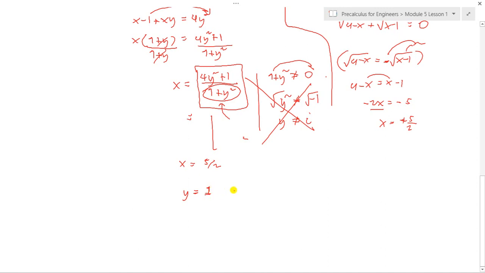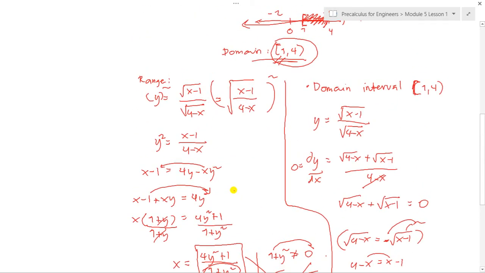What is the minimum? We can also have the negative, and since this is a square root, we have 2.5 minus 1 all over 4 minus 2.5, so that is 1 or negative 1.